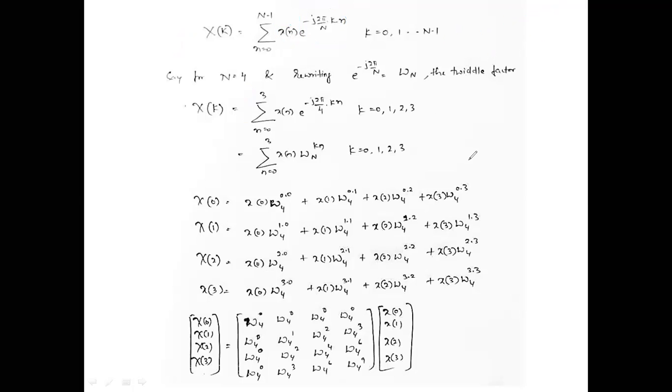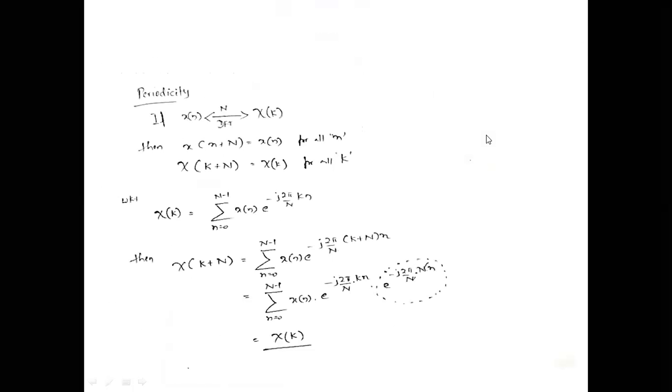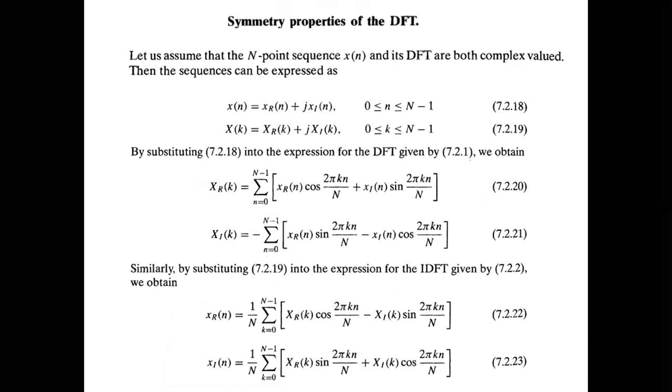So when this entire thing is viewed from a programmer's point of view, you might have seen in your microcontroller and all, you cannot do a plus jb multiplied by c plus jd. A plus jb plus c plus jd, you cannot do. You have to separate them, the real and imaginary. So this is from an implementation point of view.